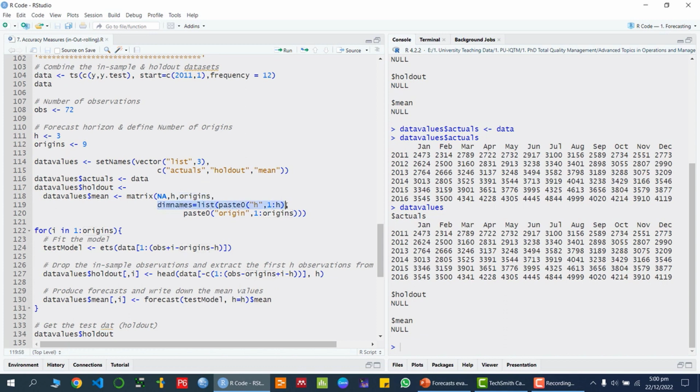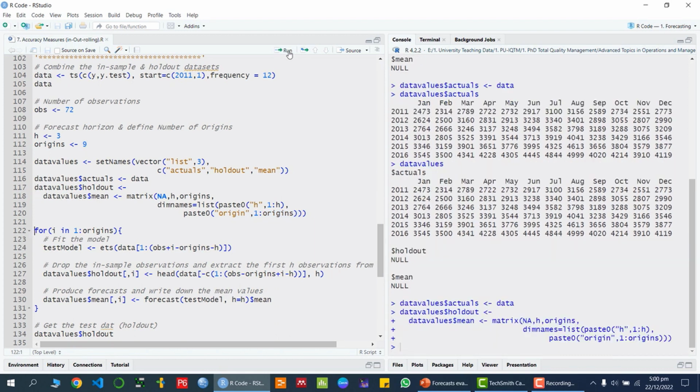And then the dimension names: I am saying create the list and paste h1 to h, which is the number of rows. So it gives us the names of the rows h1, h2, h3, because the maximum h is 3. Similarly, we give the names of the columns from 1 to regions, that is up to 9 columns. With the help of this we are creating the rows and columns.